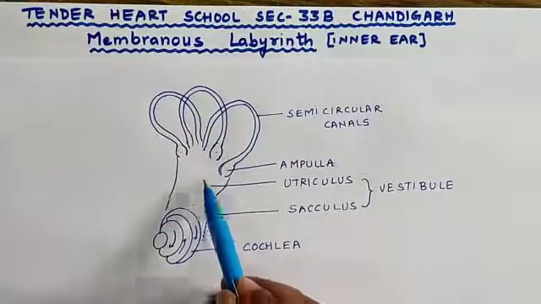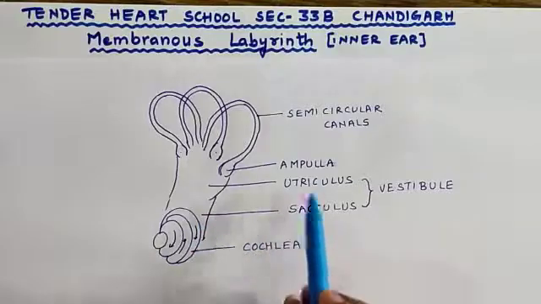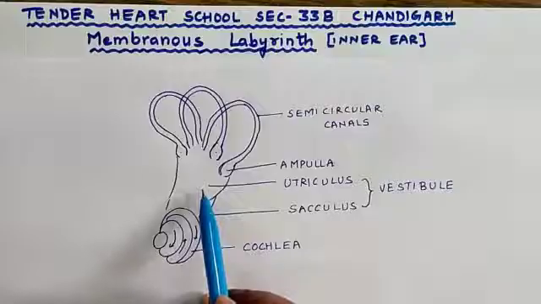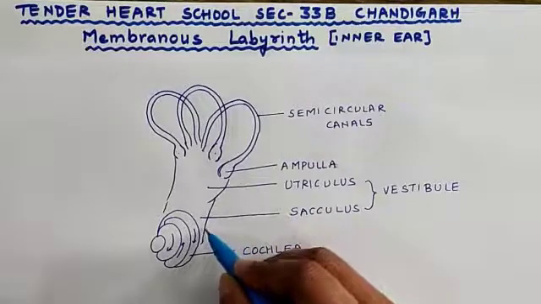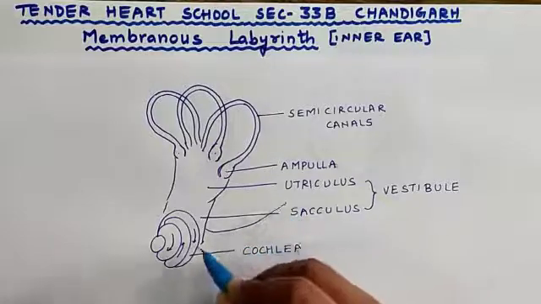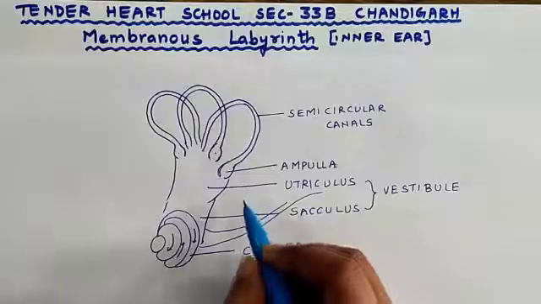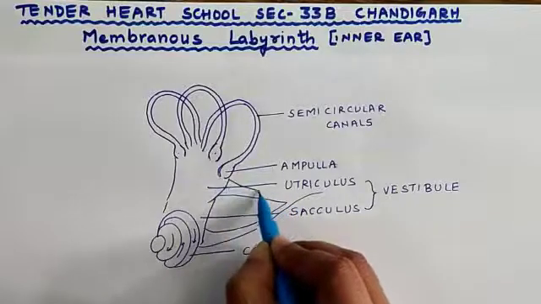Then we have this vestibule region, which is made up of utriculus and sacculus. Together it is called the vestibule. The vestibule is responsible for static balance of the body. Now further, children, the auditory nerve is coming from this cochlea, and similarly from the upper region, right?